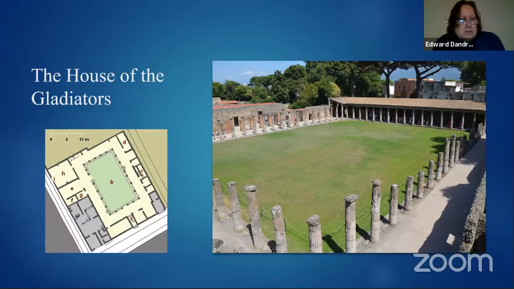Now, the House of the Gladiators is a second building that makes up the landscape of public entertainment. It was a villa at one time, then converted over to being a gladiatorial barracks. You can see on the lower left-hand side a sort of mapping out. We have the peristyle that goes around, and within the yard itself that served as the training base. We have cells that the gladiators were locked up in.